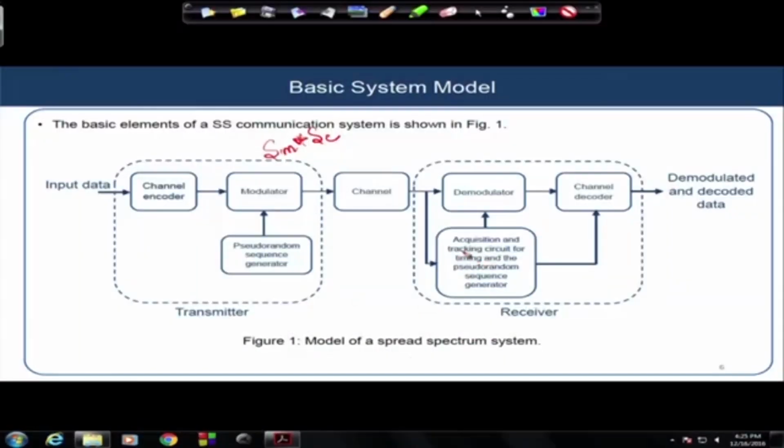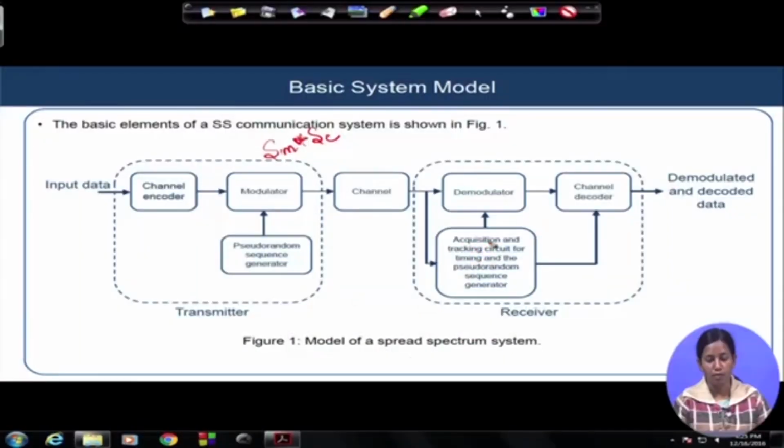Tracking is also an important part that needs to go on continuously to acquire the pseudo random sequence and align the receiver's pseudo random sequence to that of the transmitter. Remember one thing, we have assumed that the receiver and transmitter both know exactly what key is used for a typical transmission at that moment. So, the key is already shared.